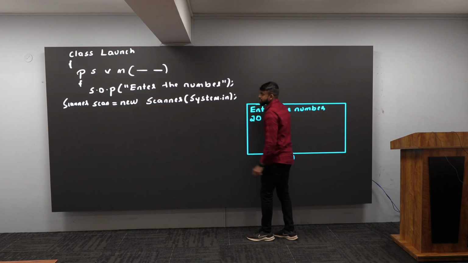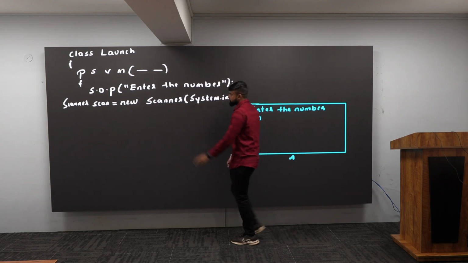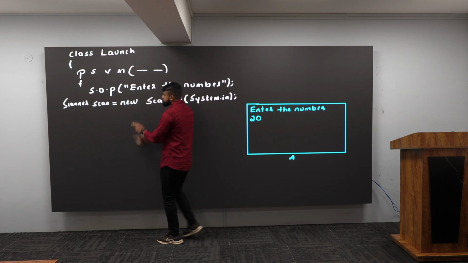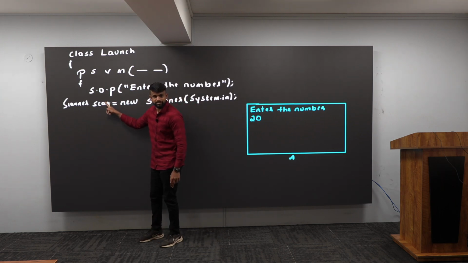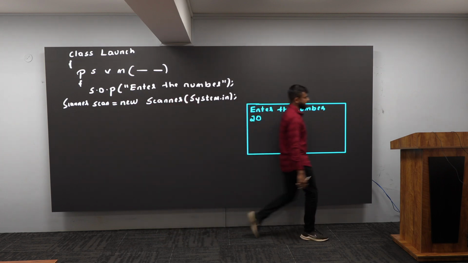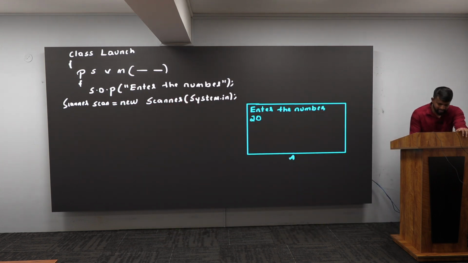Sir, how you will scan this 20, if you ask me? You have to use Scanner. If you have to use the Scanner, you have to use the reference, right? Yes or no? What is the reference? scan. Very good. Now, what I will do? Under this line, I will tell it as scan, like this. After that, you should tell dot.